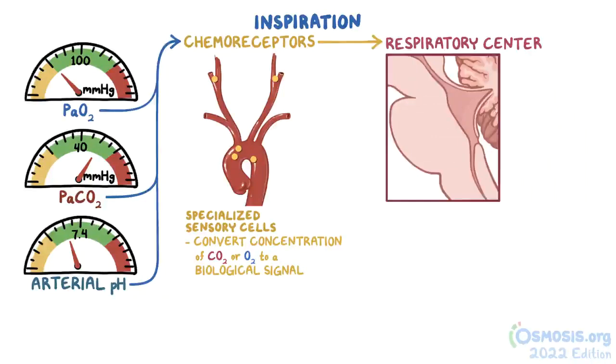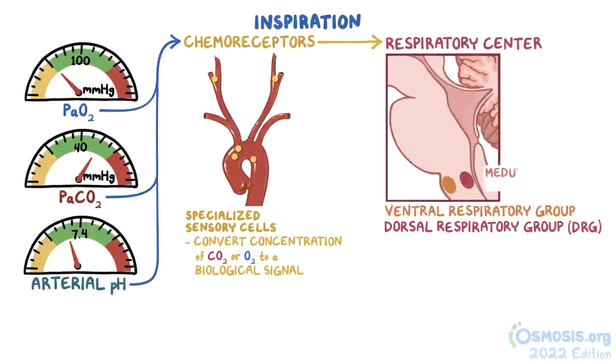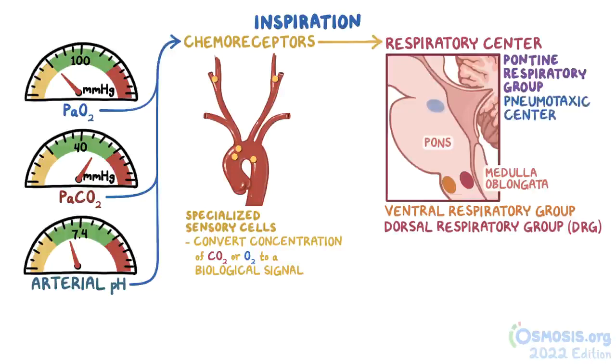The respiratory center consists of three major respiratory groups of neurons. The dorsal respiratory group and the ventral respiratory group are found in the medulla oblongata, while the pontine respiratory group is found in the pons and consists of two areas, known as the pneumotaxic center and the apneustic center.